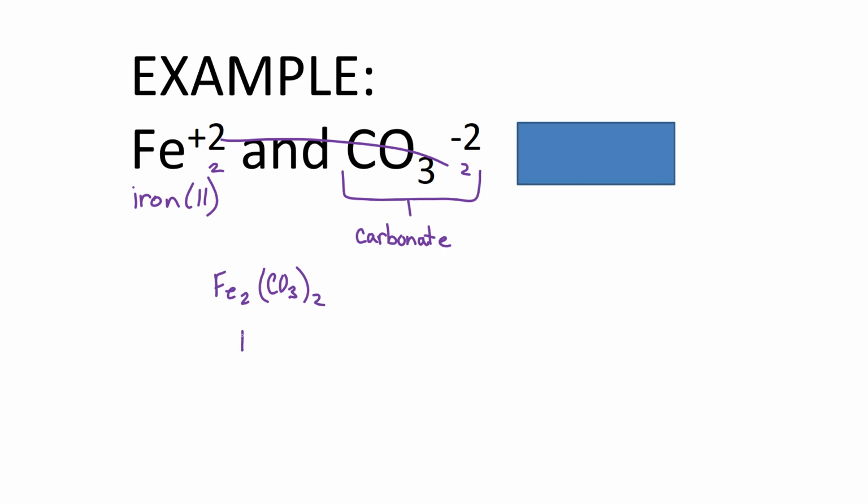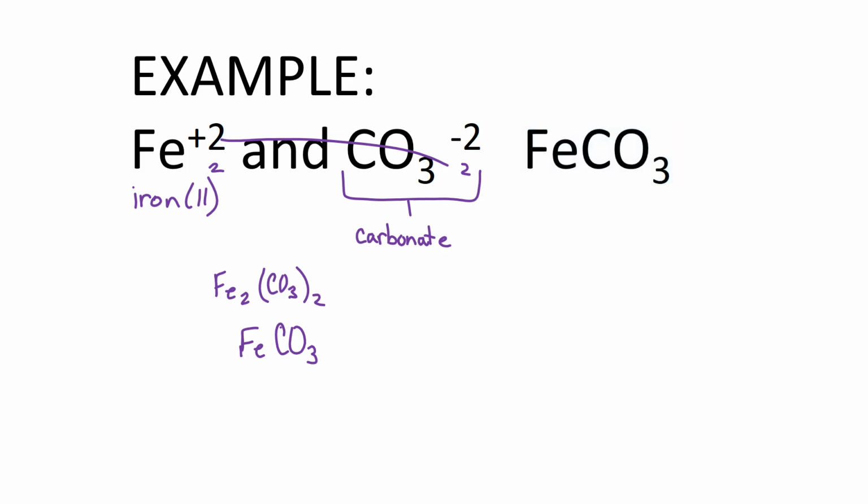But when I reduce it, it should just be FeCO3. So my answer is FeCO3. The name of this compound, I'm going to start introducing this because I want to make sure we get there. All right, that one's iron 2 carbonate.